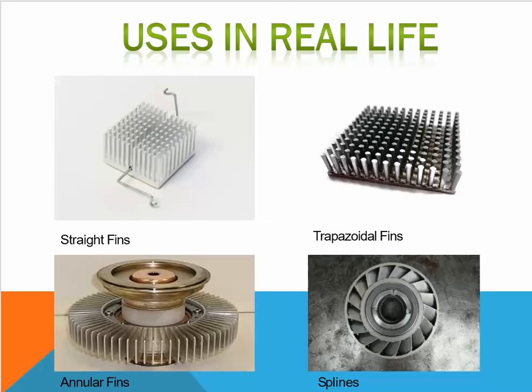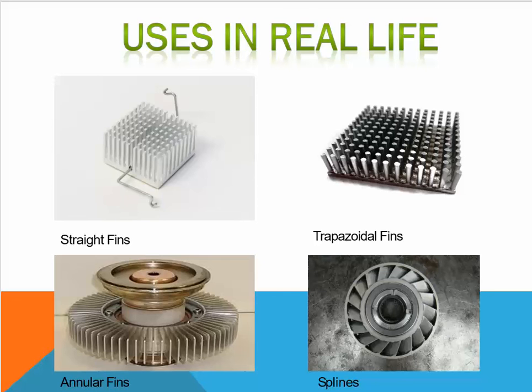If we see in the diagrams the uses in real life, first, this is the straight fins. You have seen this component on the motherboard of the CPU in a desktop.